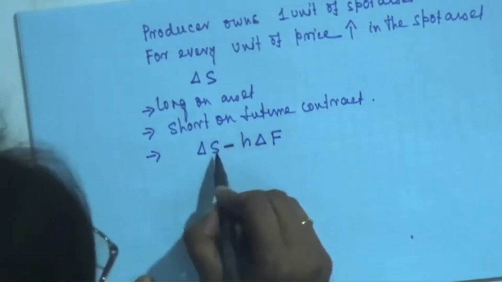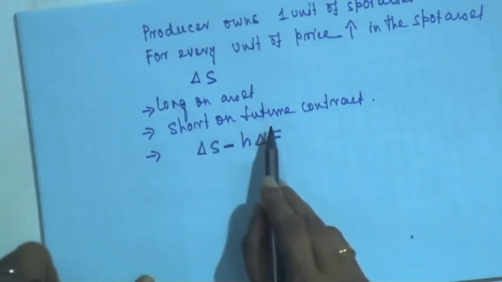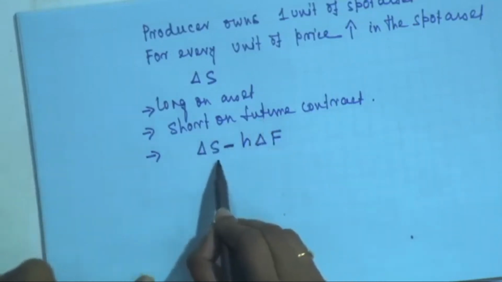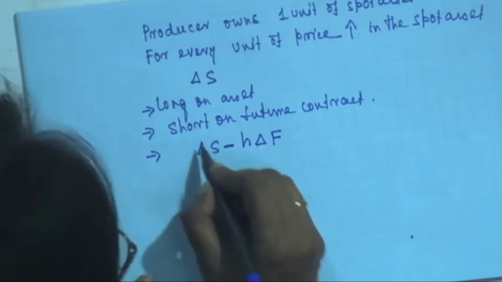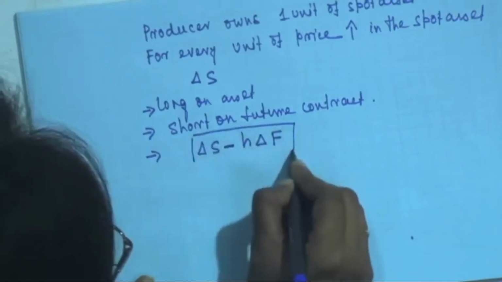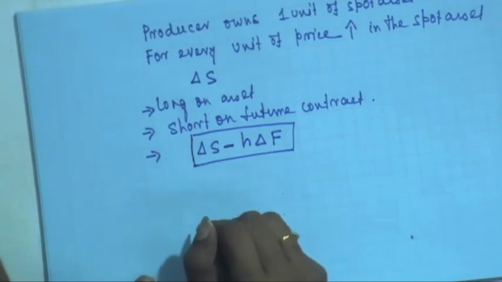Because whenever the spot price increases and the futures price increases, he will gain from the spot position and incur a loss in the futures position. So his net payoff is going to be governed by delta S minus H delta F.